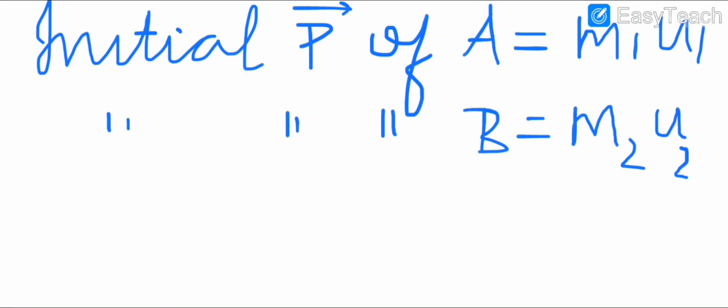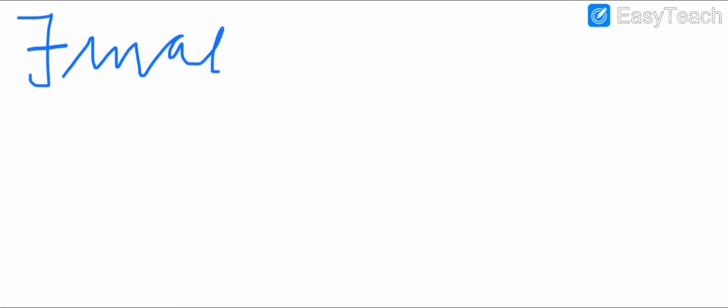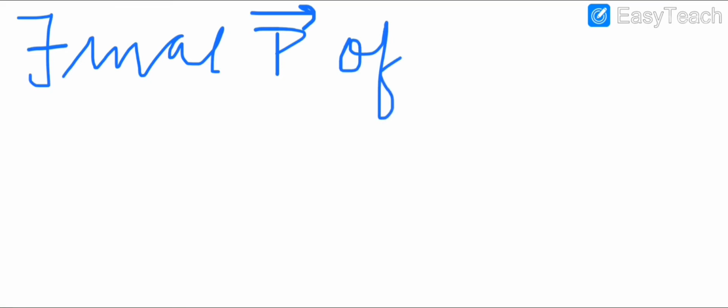Similarly, we are going to write the final momentum of body A. Come on children, tell me, what is the final momentum? Mass remains the same, m1. Velocity changes to v1.